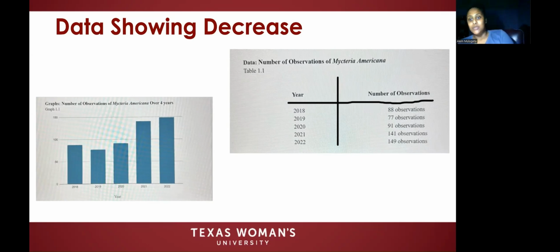So this poses a question as to why exactly the number of observations skyrocketed to 50 more observations in the year 2021. Many scientists have equated this to the fact that we have had a global pandemic. The global pandemic has affected every single person in this world, more or less.